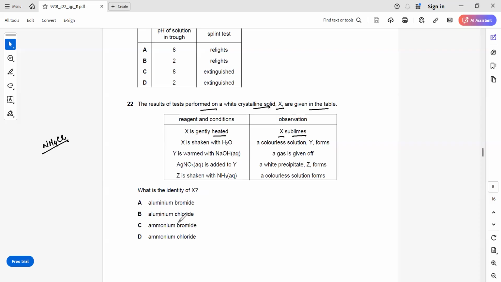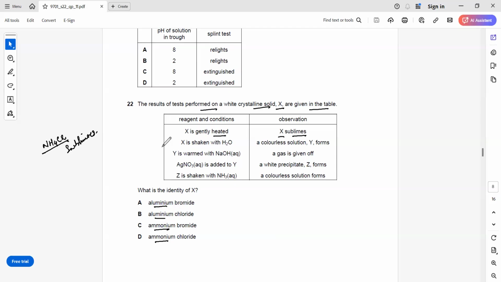So here in our options, they have given us aluminium, aluminium, ammonium, and ammonium. So one hint is that ammonium chloride sublimes, right? And what about aluminium chloride?